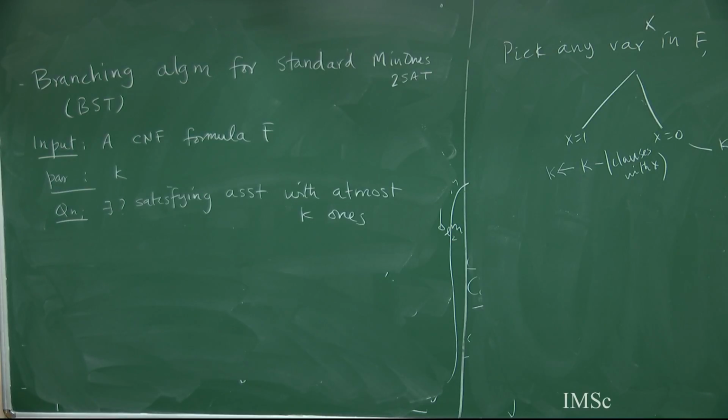First of all, is the problem really NP complete? Can you formulate vertex cover as min ones 2-SAT? That's it, you draw the standard thing which you have seen again and again.